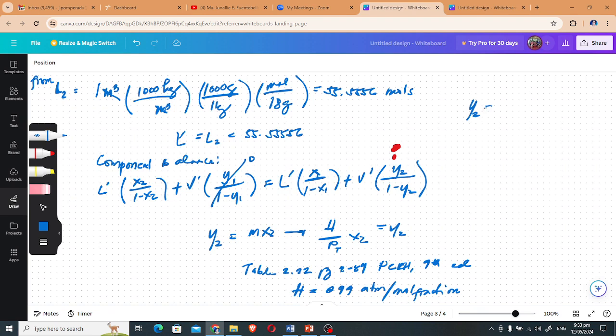So y2 is equal to your 299, the constant, divided by the total pressure of the system as it enters the column, that's 2 atm, and we have here x2, the x2 that we have computed a while ago, which is 1.84607 times 10 raised to negative 6.